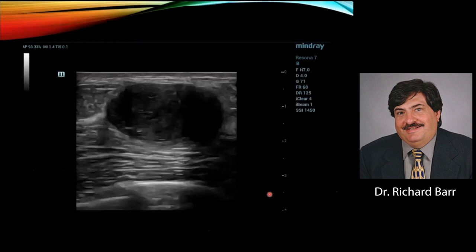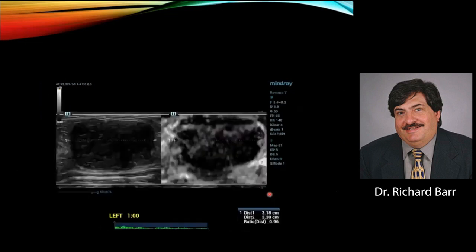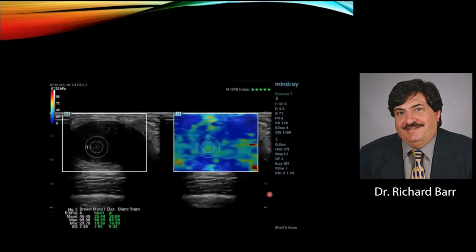Just another example, hypoechoic lesion, a little heterogeneous, it's still relatively well circumscribed. It has some blood flow. Here the ratio is almost 1. And again, here on elastography, the mean is about 40.